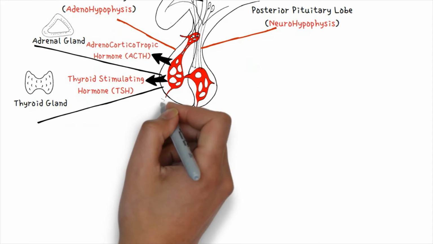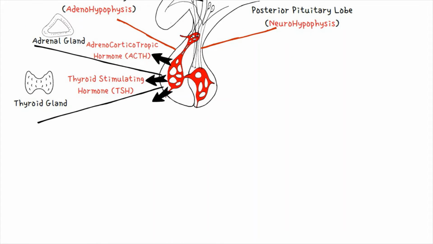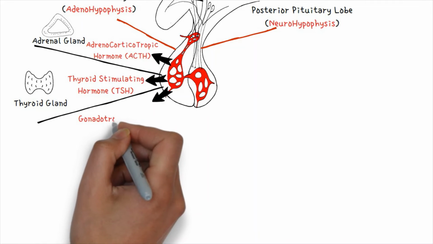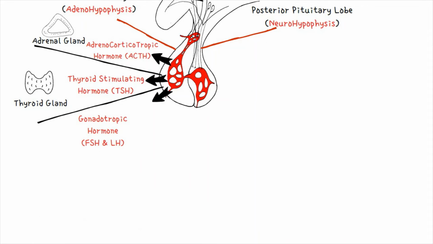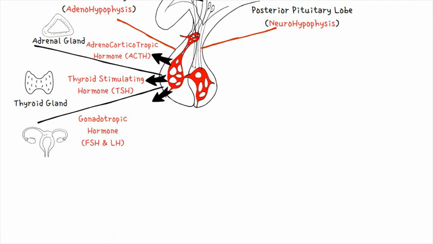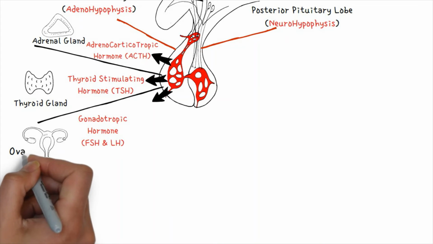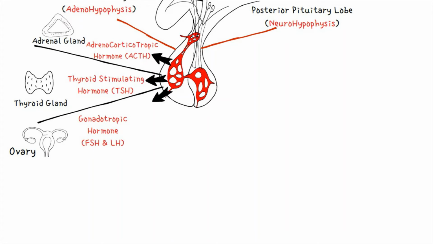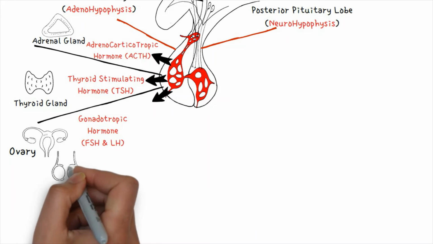Anterior lobe of the pituitary gland also produce gonadotropic hormone which include follicle stimulating hormone and luteinizing hormones, and both of these hormones stimulate the ovaries in the females and testes in male individuals.